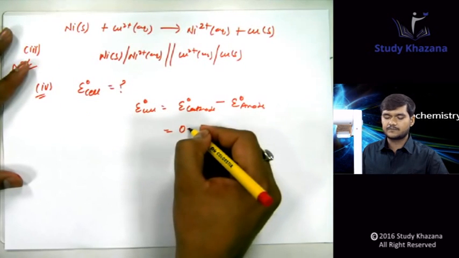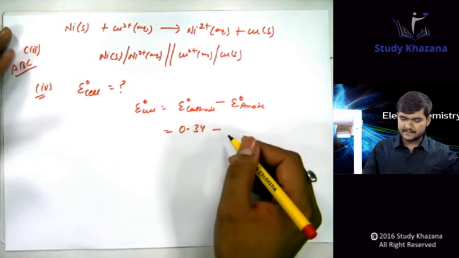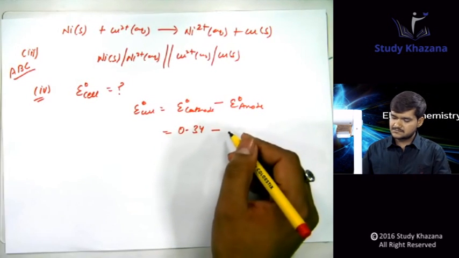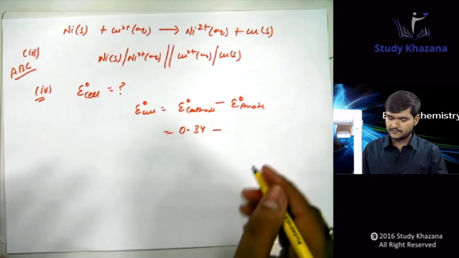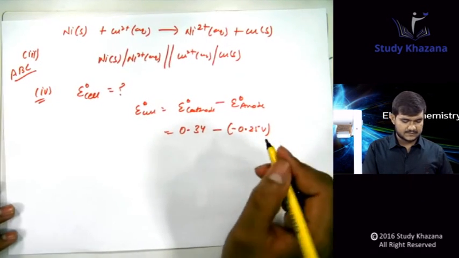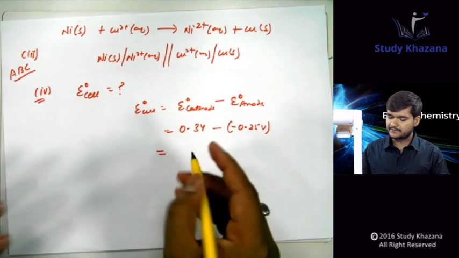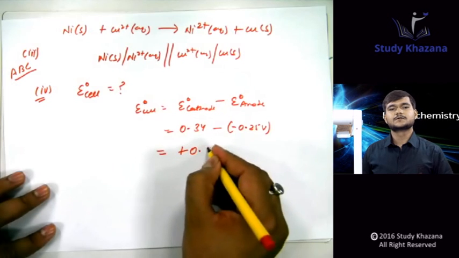And the E0 value for nickel is given to you as negative 0.25 volt. Now when you solve this, you will get a positive answer, plus 0.59 volt. So this is the question.